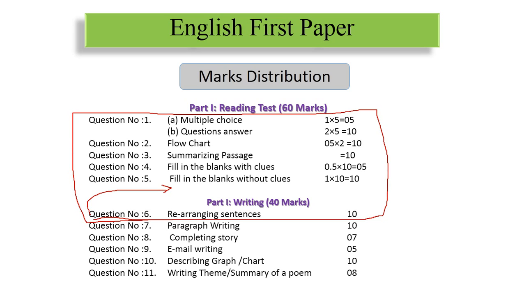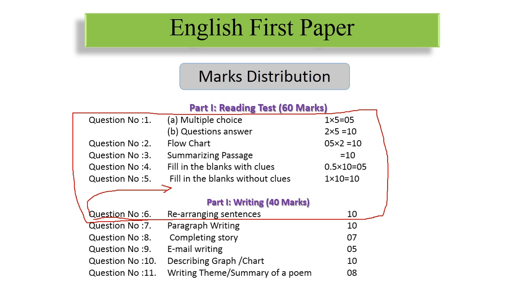Answering question. In this case we find that the maximum students cannot write answers accordingly. Very often we find that they have only given the sentences as they are in their text.